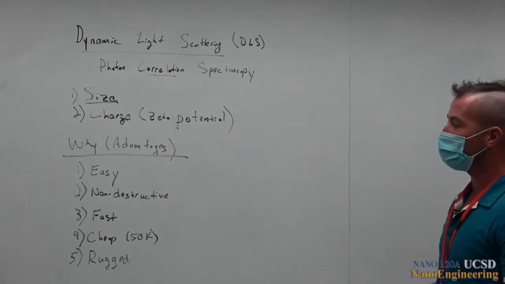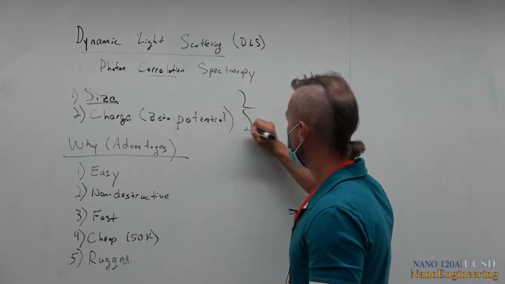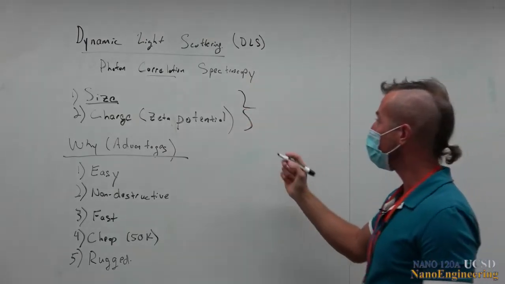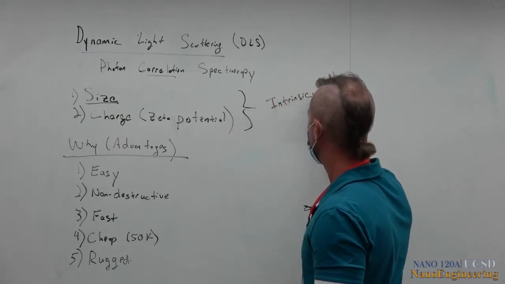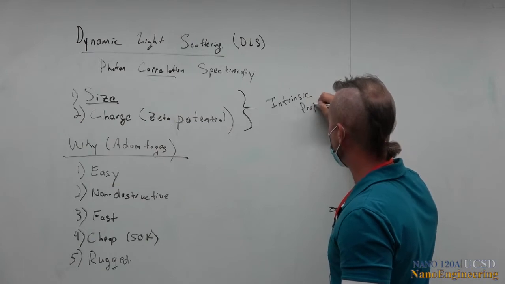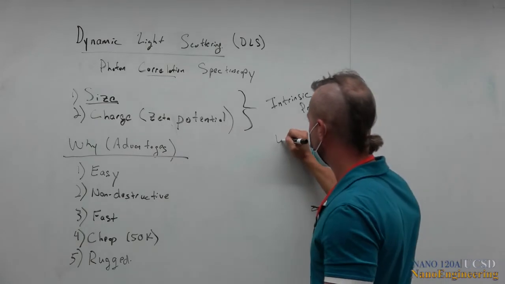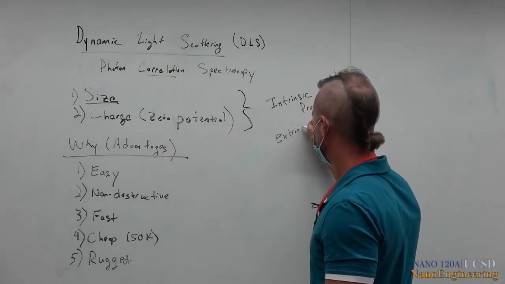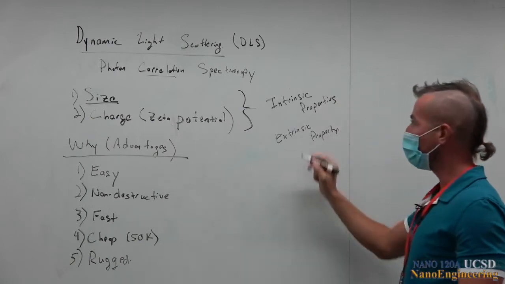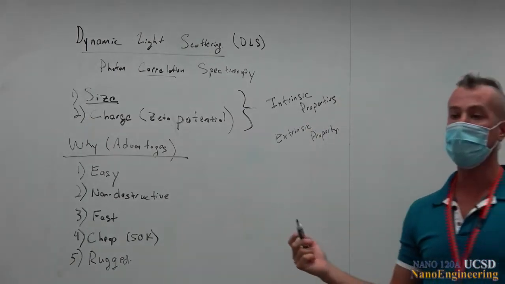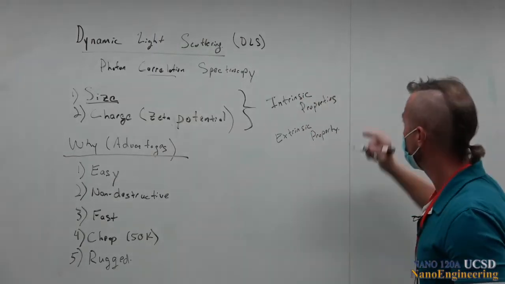One thing that we'll see later is that we're measuring intrinsic properties, and this is in contrast to an extrinsic property. So an intrinsic property is going to be independent of the amount of the material that you have, okay?